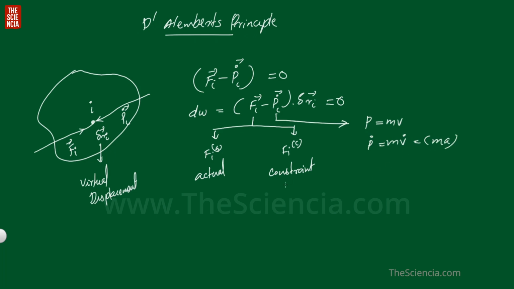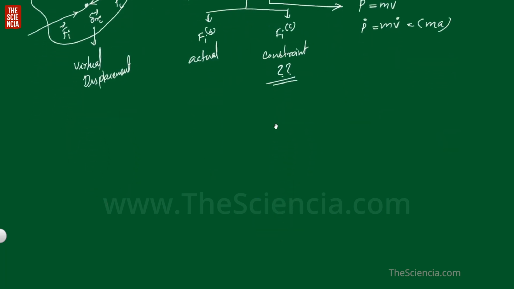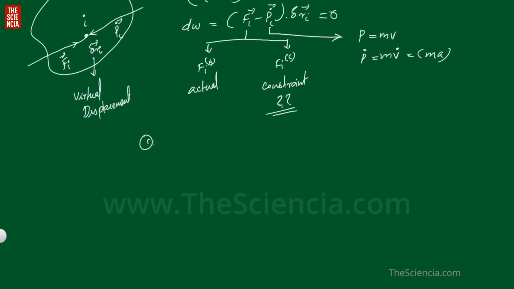Here, what are these constraint forces? I will tell you some examples. The first example is a wedge. This is a wedge and a body is sliding over it. It is sliding here. So you can see the forces acting in between these two surfaces.